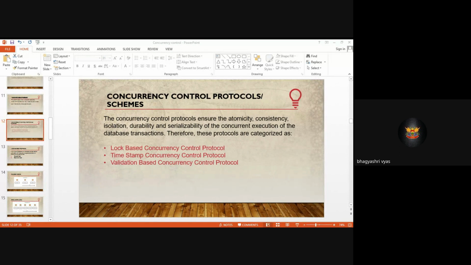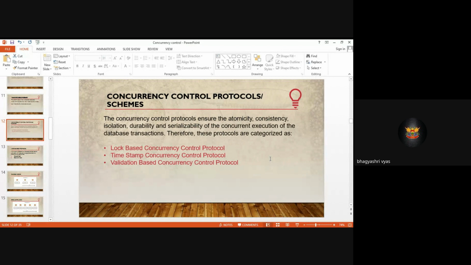Now, as we have seen the various concurrency problems, we need to deal with those problems with a few methodologies. These are the protocols, which means a set of rules.